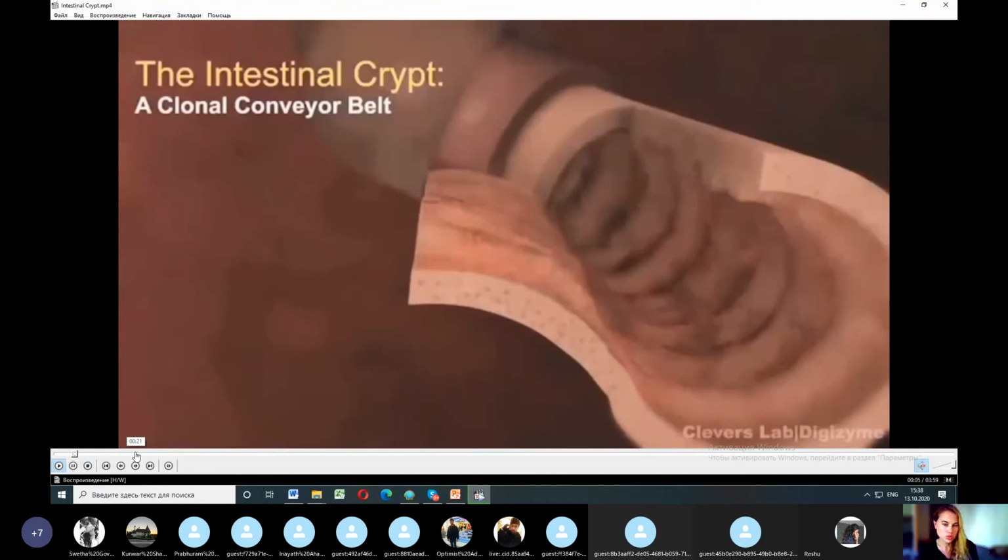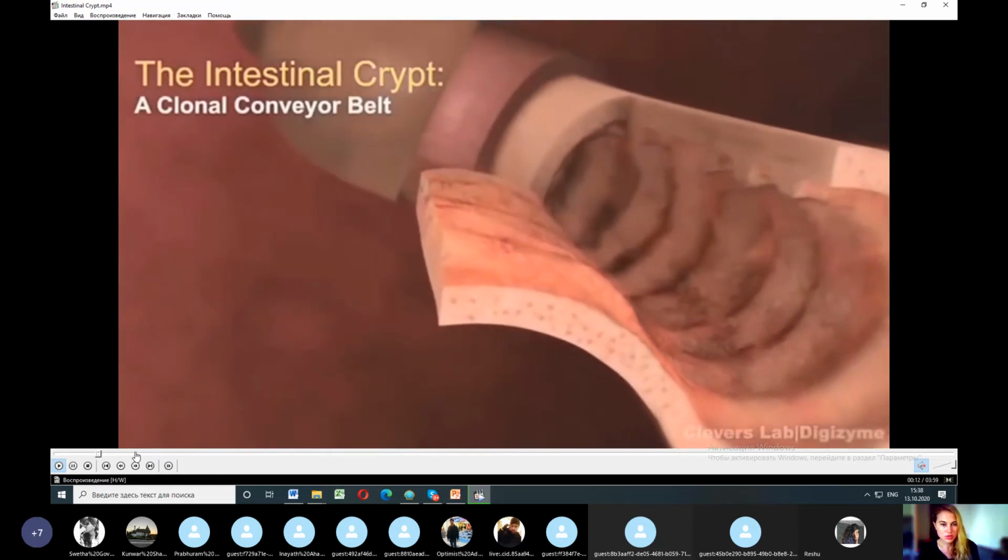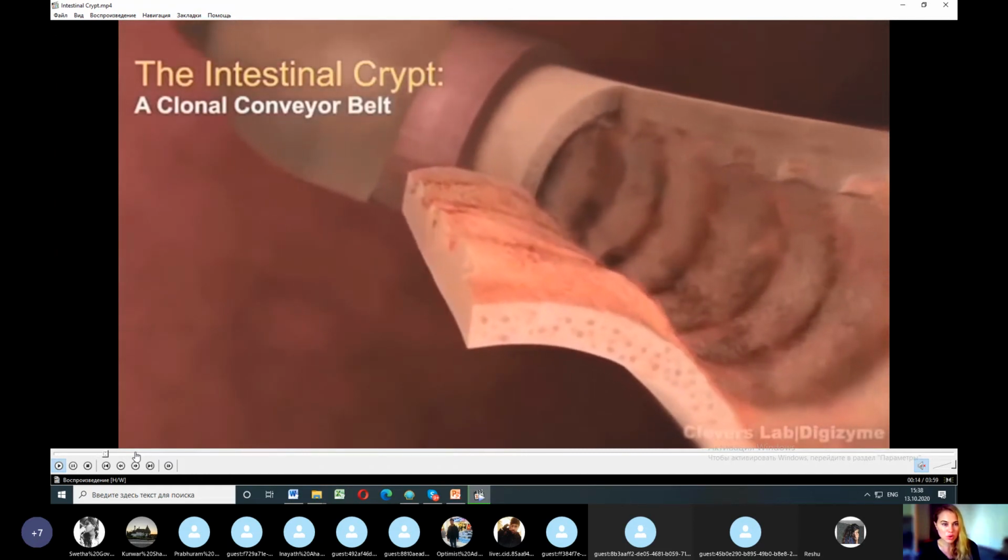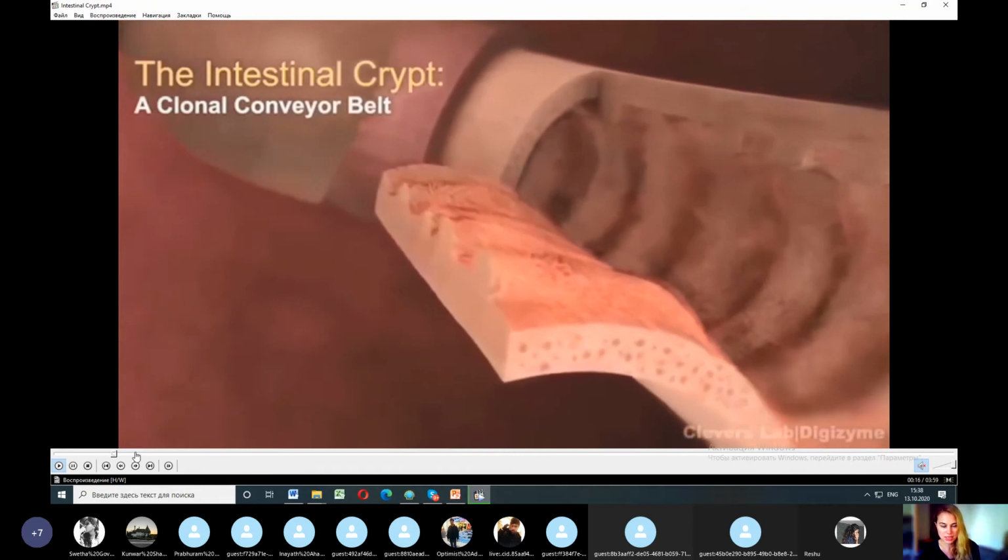So now we go to the small intestine. Remember, the crypts of the small intestine contain a great number of the stem or undifferentiated cells.